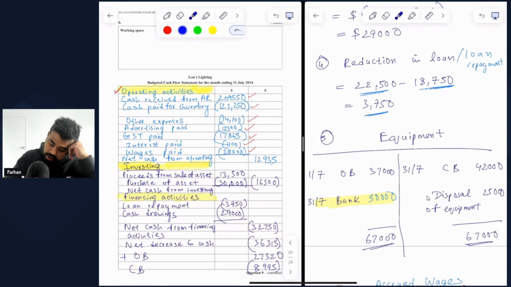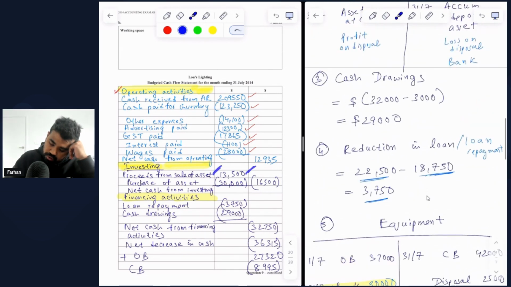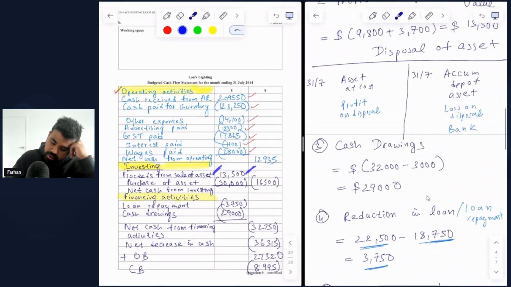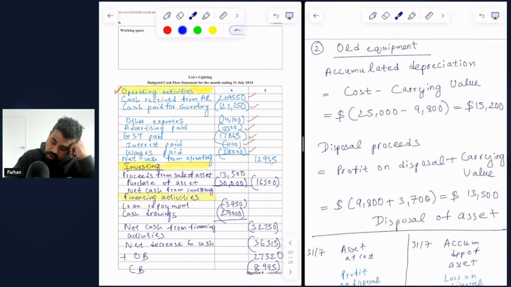And proceeds from sale of equipment was 30,500, which is also something we have calculated ourselves, as you can see here. Profit on disposal plus carrying amount, which gave us 30,500. And this is disposal proceeds, which is a cash inflow, and that is why it is shown as a positive here.